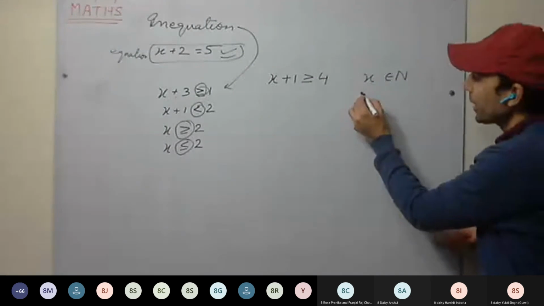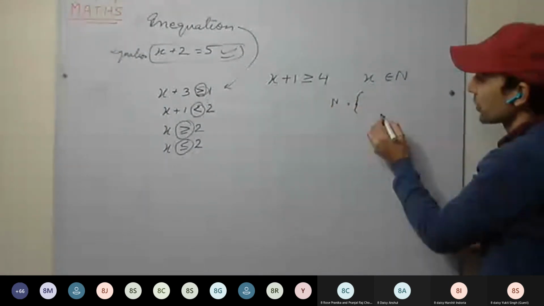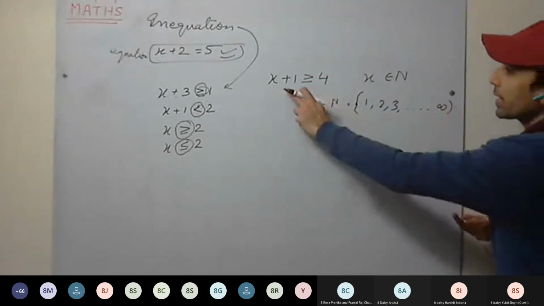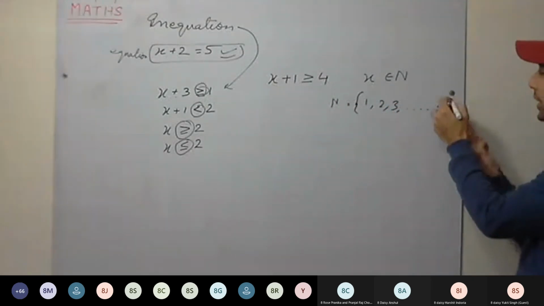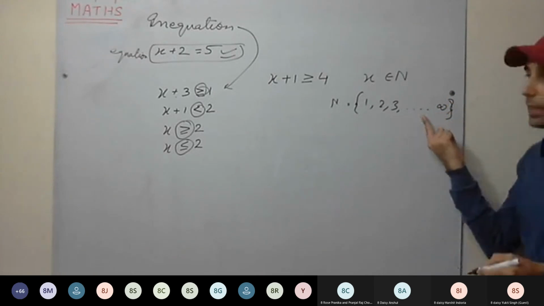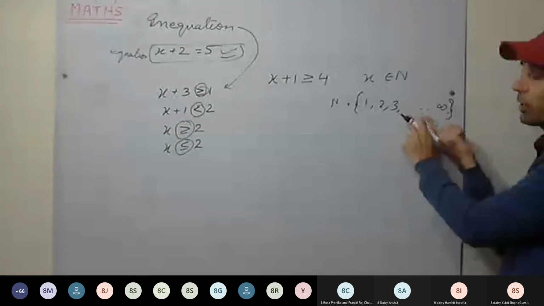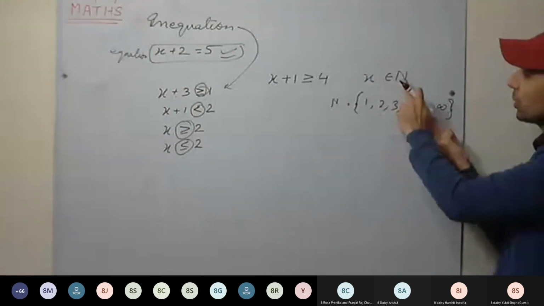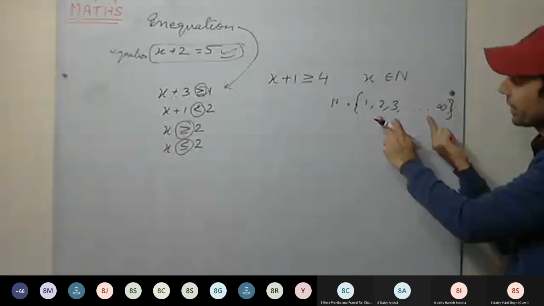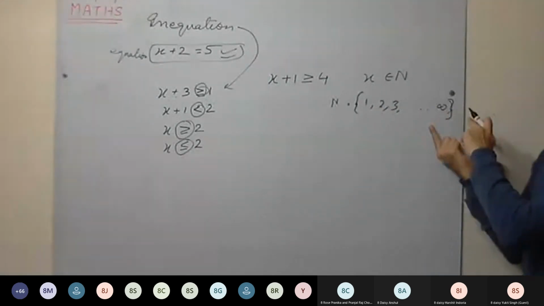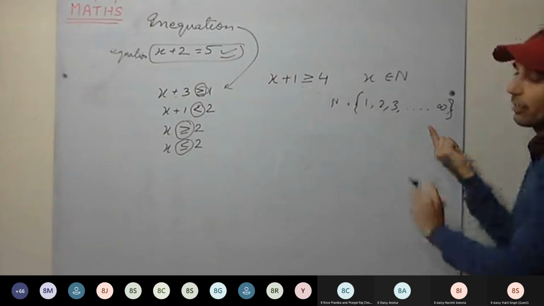So natural numbers means x can have values 1, 2, 3 up to infinity. X will take the value from this set. From this we'll pick the answers for x. Understood? This is our replacement set or domain. X belongs to natural numbers, that is, x can take only values of 1, 2, 3, 4, 5, 6 up to infinity. From this only x can take the values.